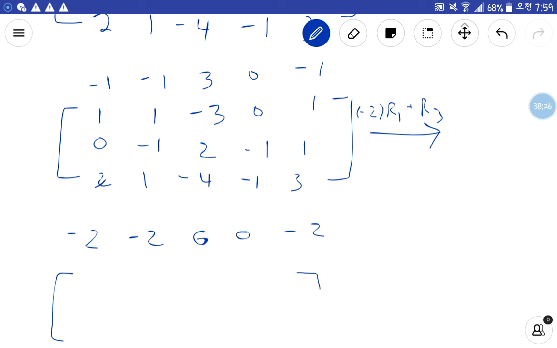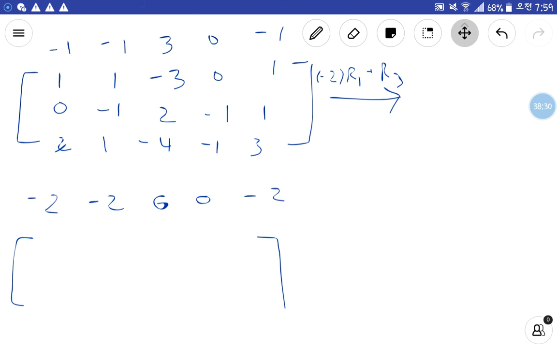As we did, keep your first row the same, and then add up to the third row. So I had 1, 1, -3, 0, 1, 3 now. Just make sure that your times -2 is everything correct. Now keep my second one: 0, -1, 2, -1, 1. And my third row, if you're adding them up.